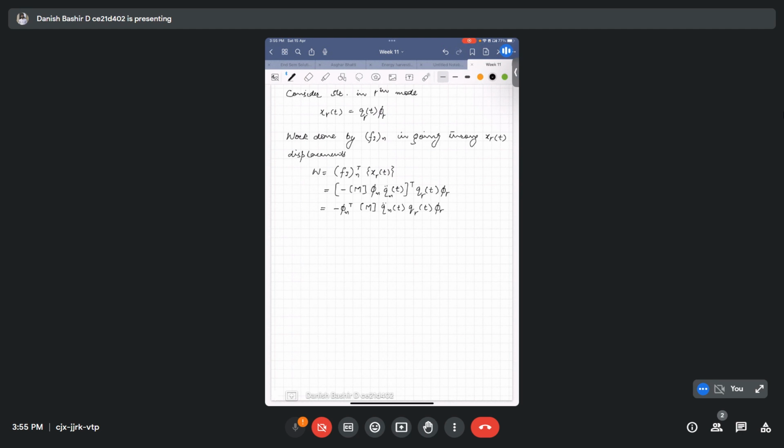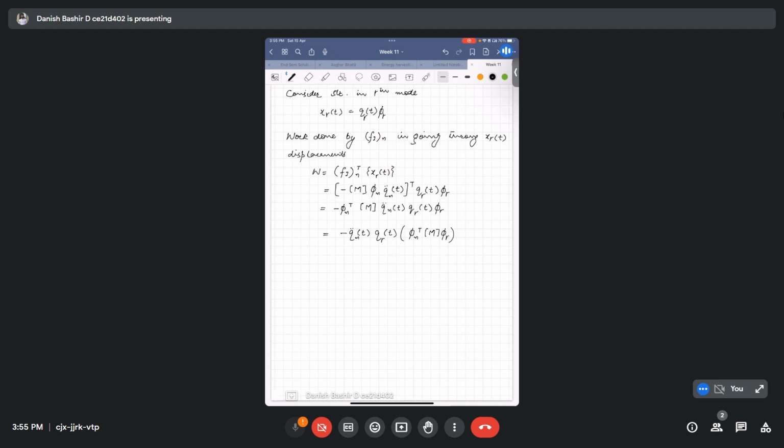If we collect the like terms, we will have q_n double dot of t, that's the time varying acceleration component, q_r(t), another time varying displacement component, and phi_n transpose m phi_r.